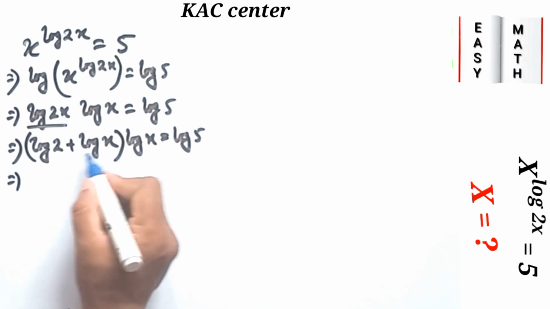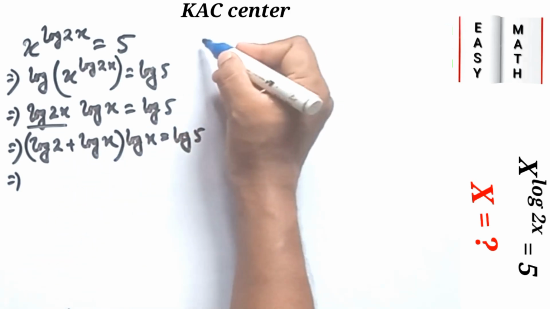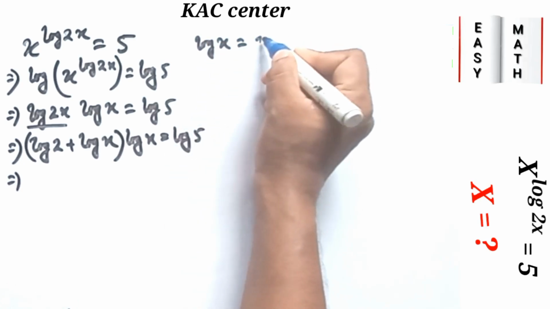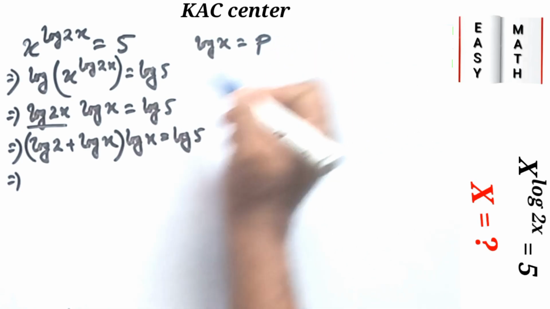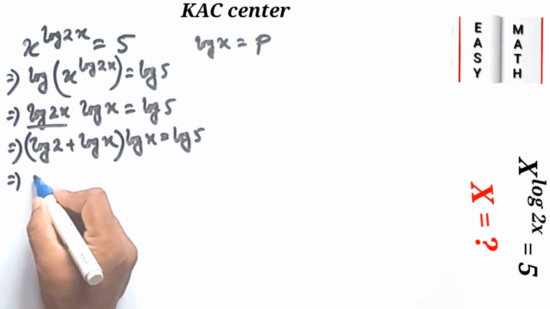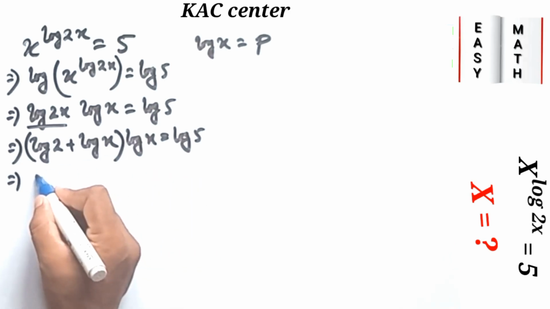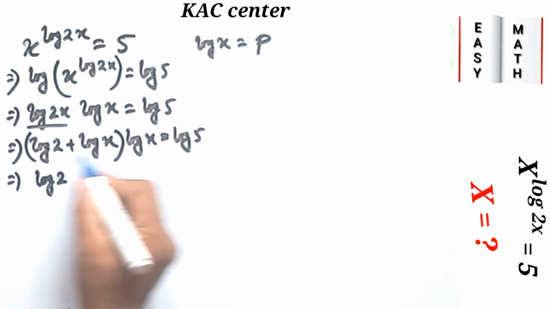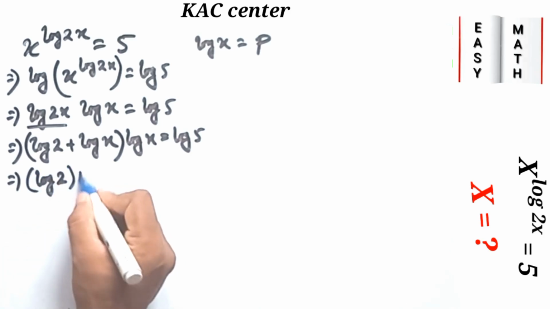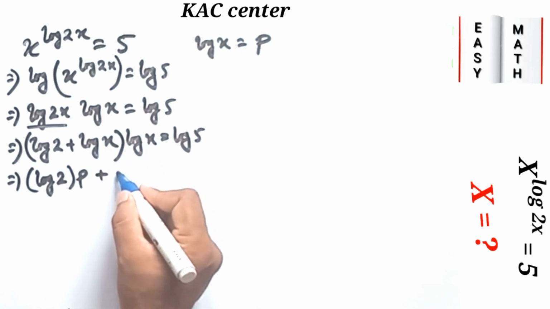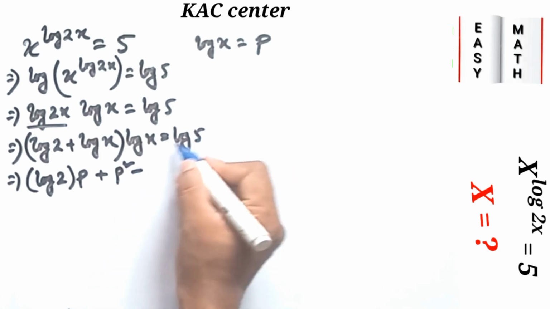We can take this log x as p, so we can write log 2, and this is p, and this is log p and log p. This is p and p, this is p squared, and this term is here.